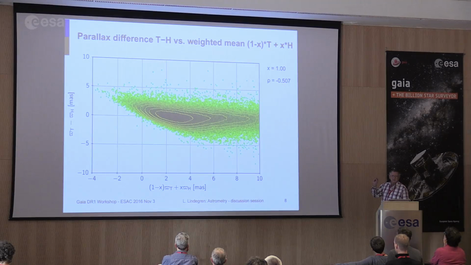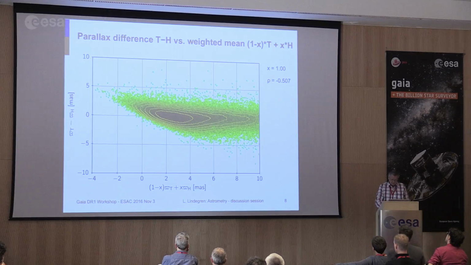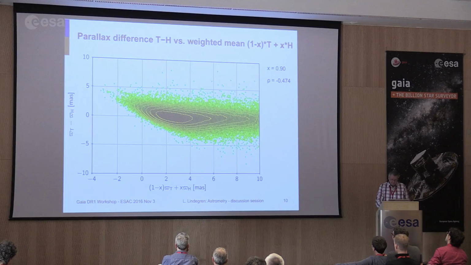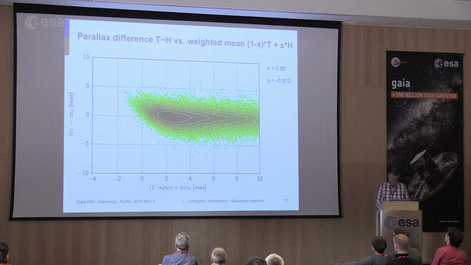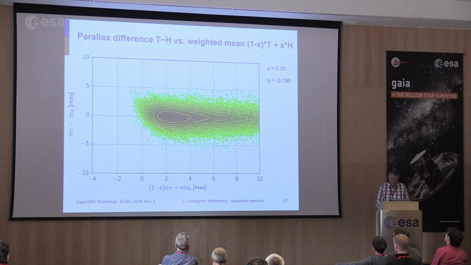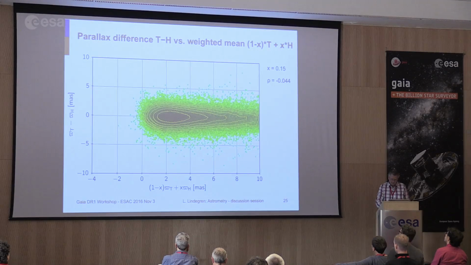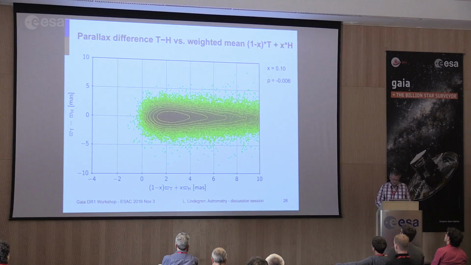Now, I will show what happens when I successively decrease this value of X to smaller and smaller values. You can see that the correlation decreases, and at a certain point about here, there is virtually no correlation between the weighted mean parallax and the parallax difference.